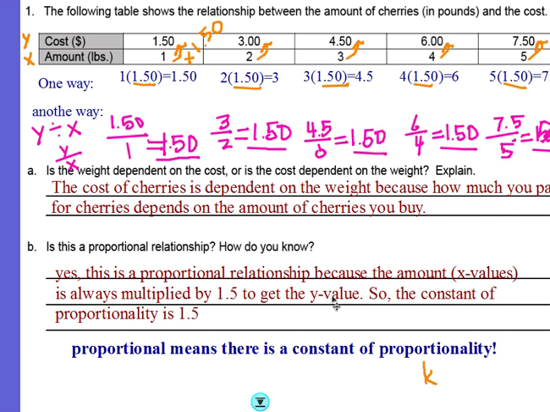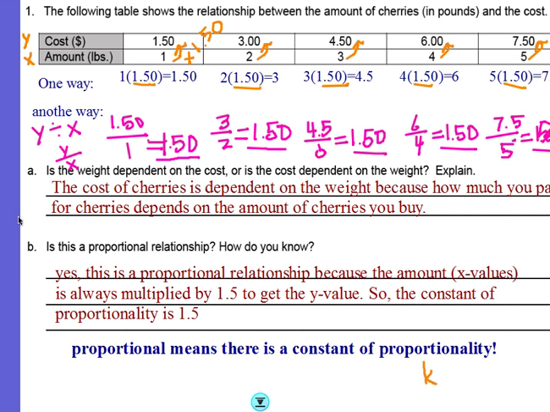So the constant of proportionality is 1.5. You could also say that this is proportional because y divided by x value is always 1.5. So the constant of proportionality is 1.5 or 1.50. That will be the answer to part A and part B. You may pause the video to copy this down. When you're done, you can come back and continue on.